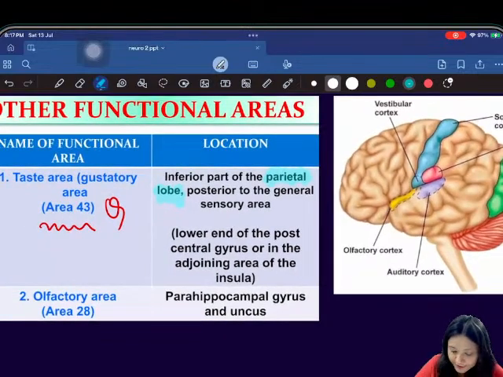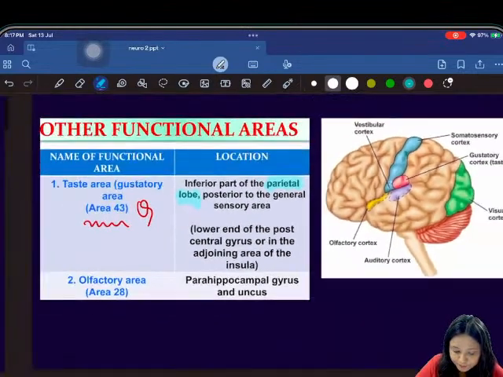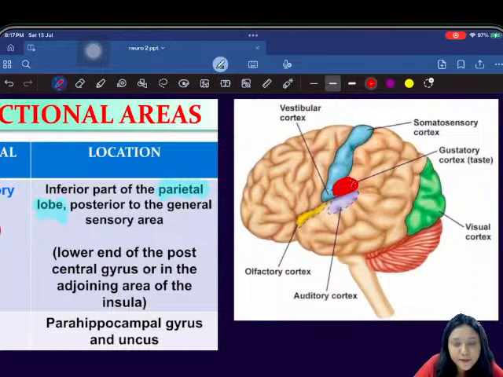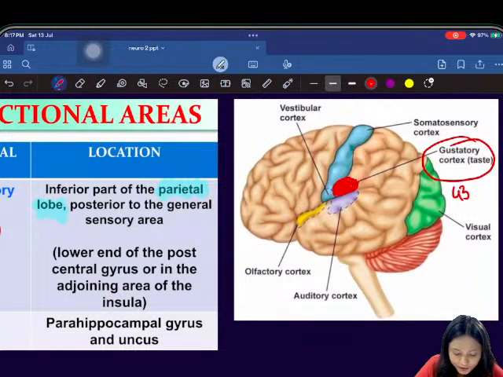You can see the gustatory area in this image. It is in the inferior part of the parietal lobule, area number 43. Here you can see all the main areas.